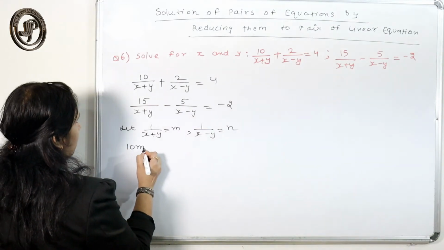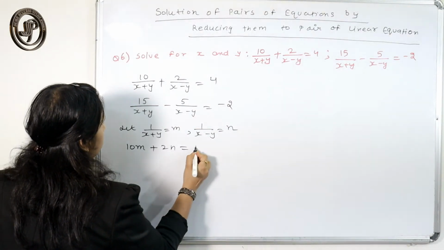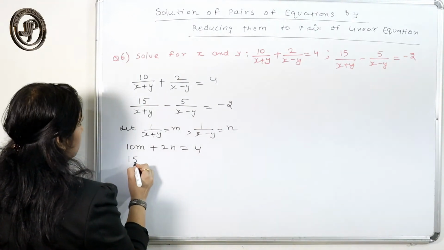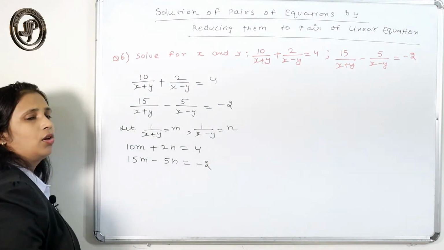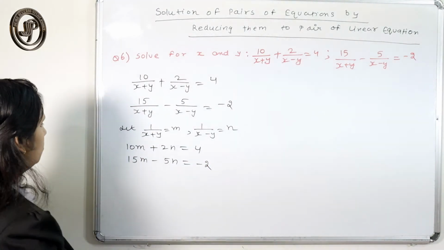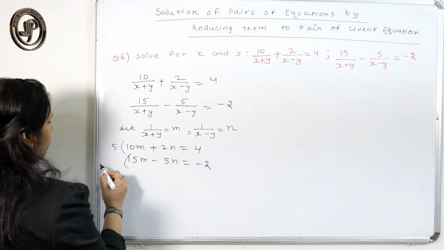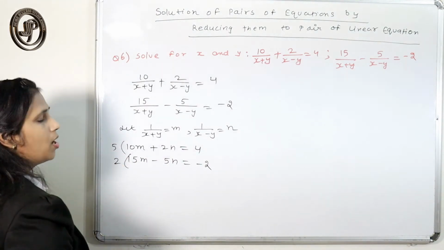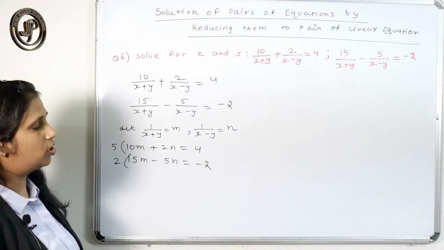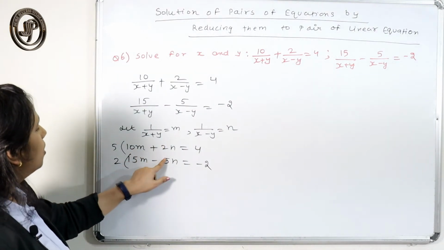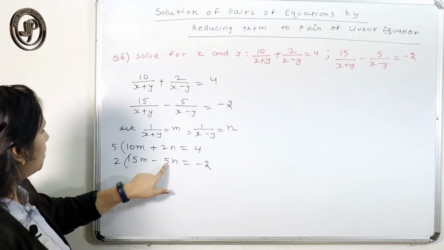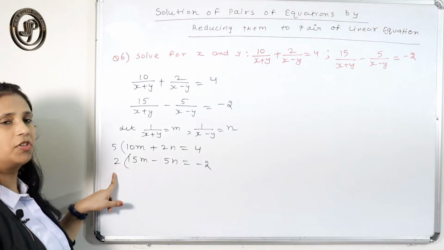So it is 10m plus 2n is equal to 4, and here it is 15m minus 5n is equal to minus 2. Now you have to solve for m and n. How will you solve? If I multiply this by 5 and this by 2, I am going to eliminate n. So I am just cross multiplying the terms, multiplying this term with 5 and this term with 2.